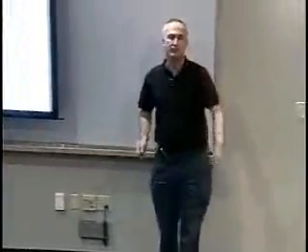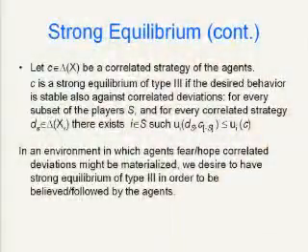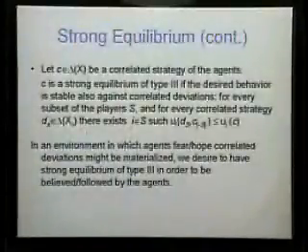Now, this can be extended to strong equilibrium of type 2 when we talk about mixed strategies. So roughly speaking, it's defined here. If we talk about mixed strategies and you don't want agents to gain in expectation, then this is called strong equilibrium of type 2. And to make a long story short, the strong equilibrium of type 3 that we'll be interested in in this talk is a very, very demanding concept.